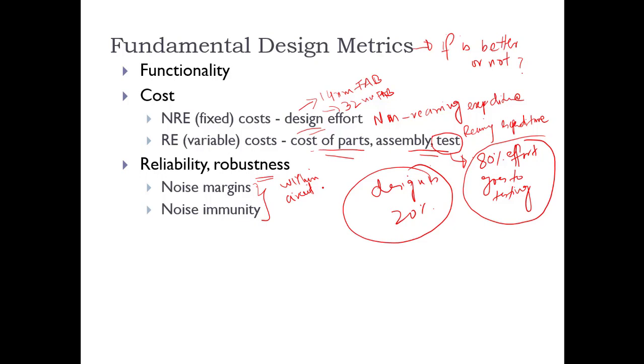So there is noise within the circuit which can affect the operation of your signal propagation. Then there can be sources of noise from the environment.